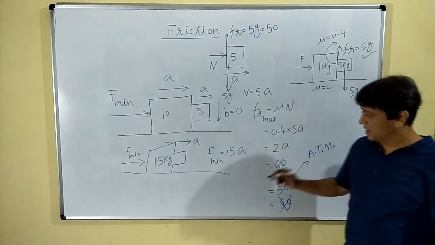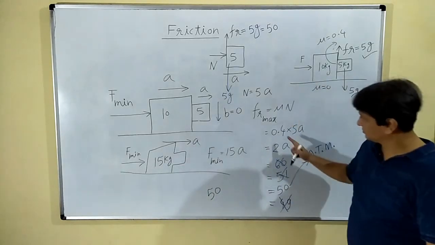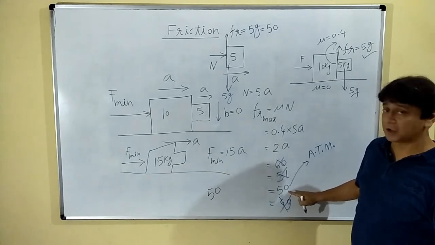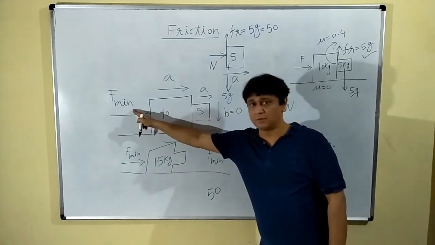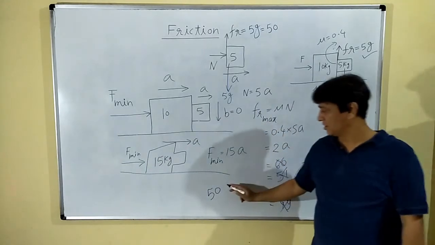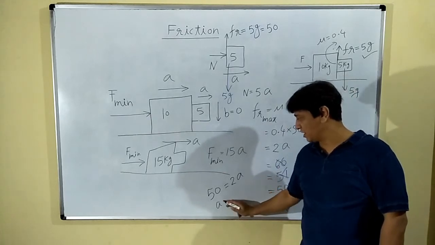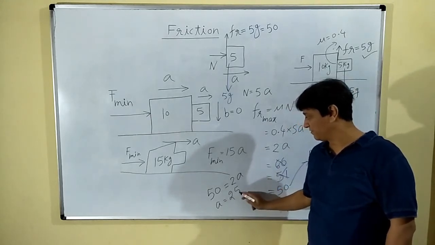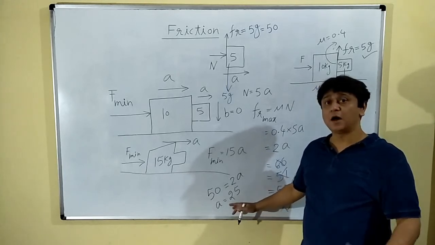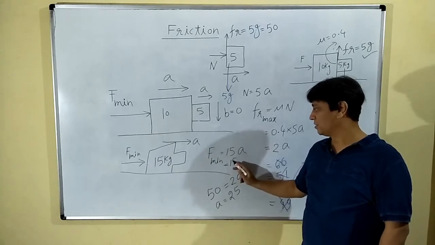2a. Fr maximum इज व्हाट? 50. कब? मिनिमम. But Fr maximum is what? 2a. 2a. What's the value of a coming? 25. a कहां पुट करना था? यहां पर. क्या फाइंड करना था? मिनिमम.